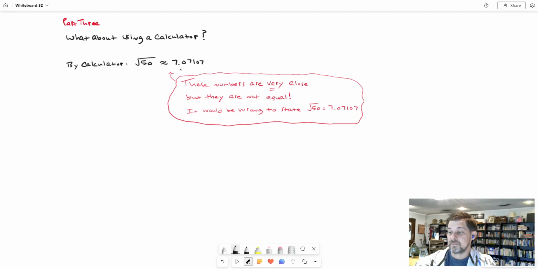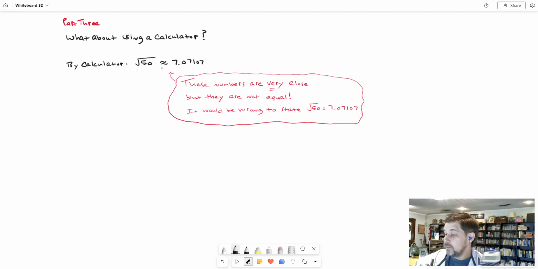Okay? But it would be wrong to state that root 50 was equal to 7.07107. That's not true. This is only an approximation. Even if you wrote down every one of these numbers on the screen, it still wouldn't be equal. Okay? You cannot write down enough decimal places to make this an equals.